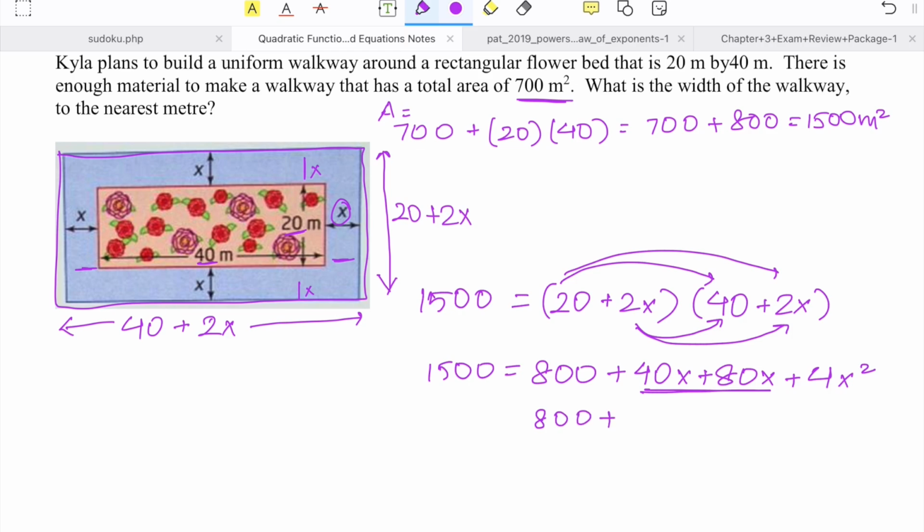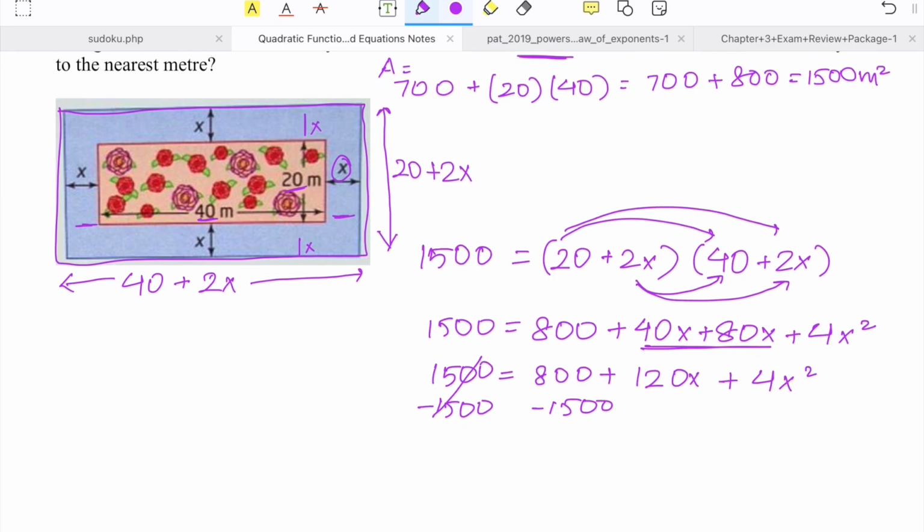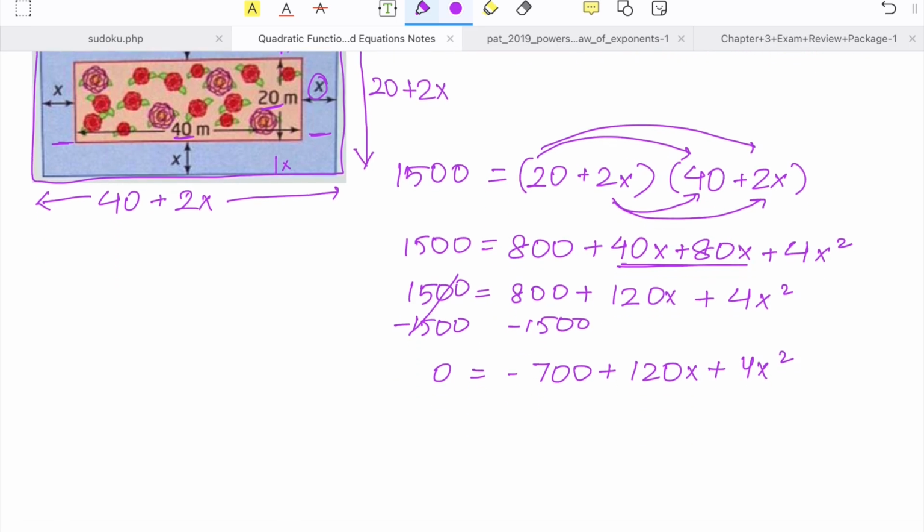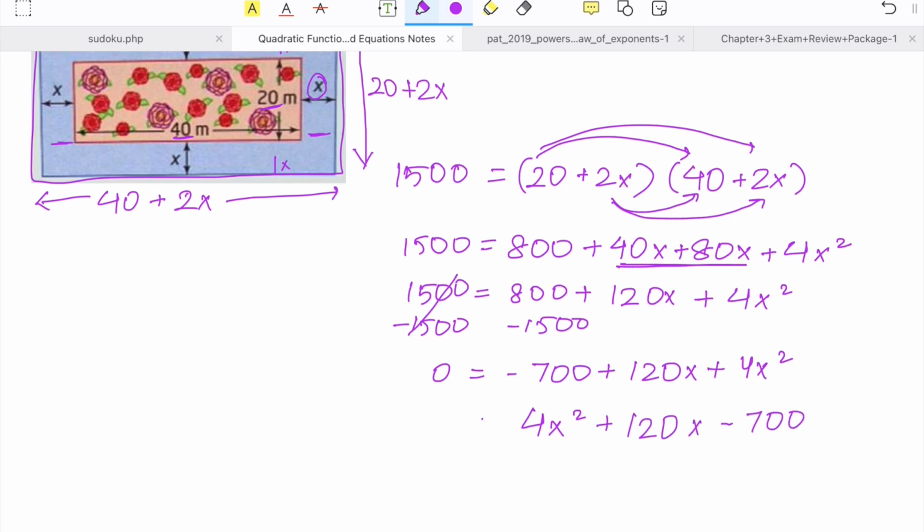It'll be 800 plus 120x plus 4x squared. We'll move all the terms to one side. It'll be negative 1500. So we'll have 0 is equal to negative 700 plus 120x plus 4x squared. We can rearrange this. It'll be 4x squared plus 120x minus 700.